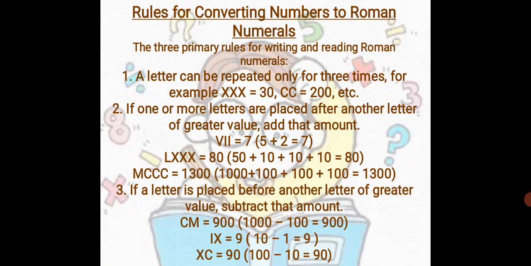Suppose VII. V means 5, I means 1 and another I means 1. What will be the value altogether? 5 plus 1 plus 1, 7.